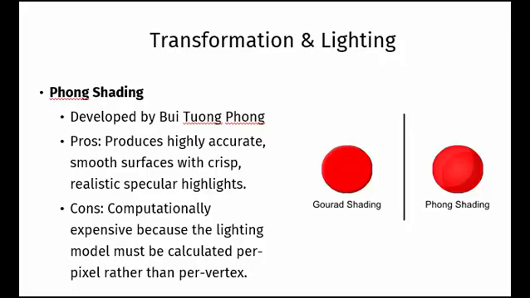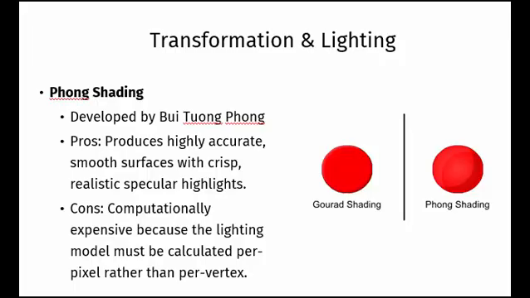Okay, look at the two spheres. The Gouraud shaded sphere has a simpler highlight, while the Phong shaded sphere has a smoother and more realistic highlight. The disadvantage is that Phong shading requires more computing power because the lighting calculations are performed for many individual pixels.